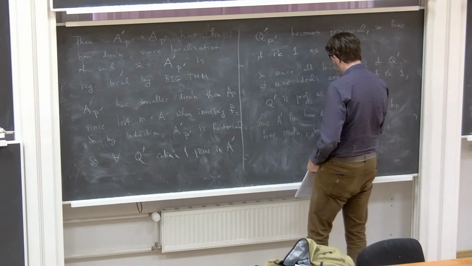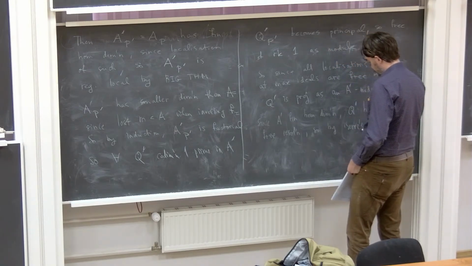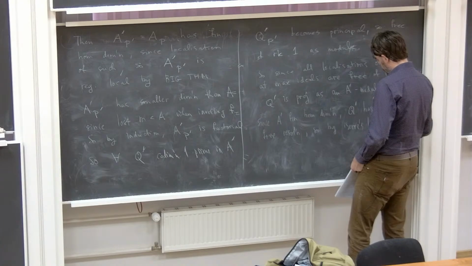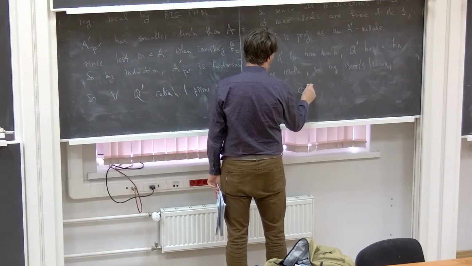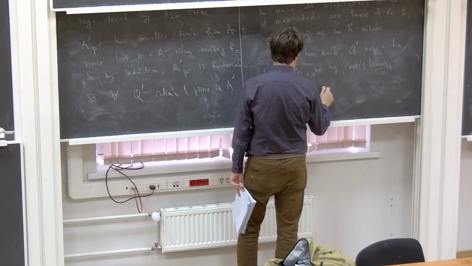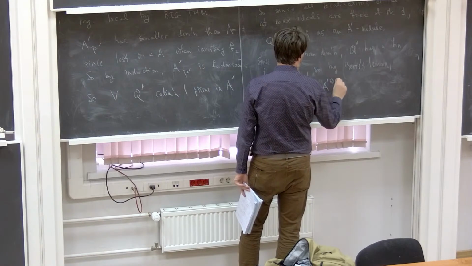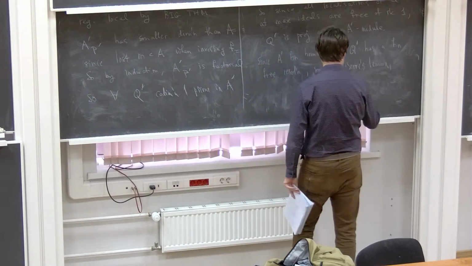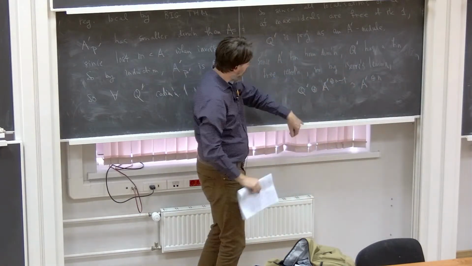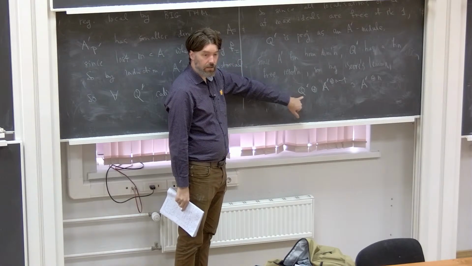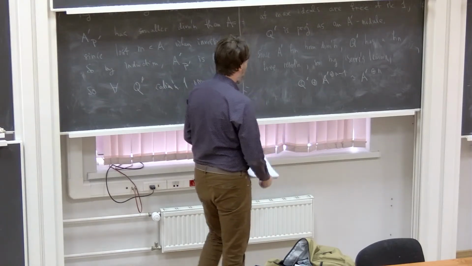So by Serre's lemma, I have Q prime plus some free thing of some rank, say n minus 1. And the ranks differ exactly by 1 because I know that when I localize, I get something of rank 1 here. Okay, so by Serre's lemma, I have this.